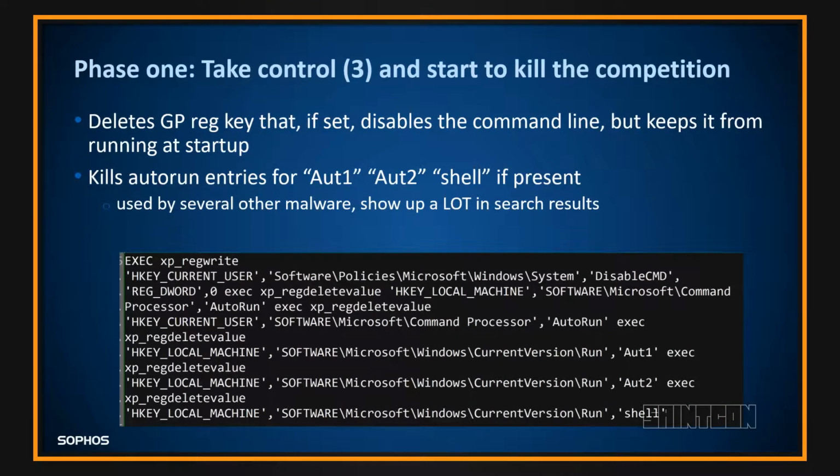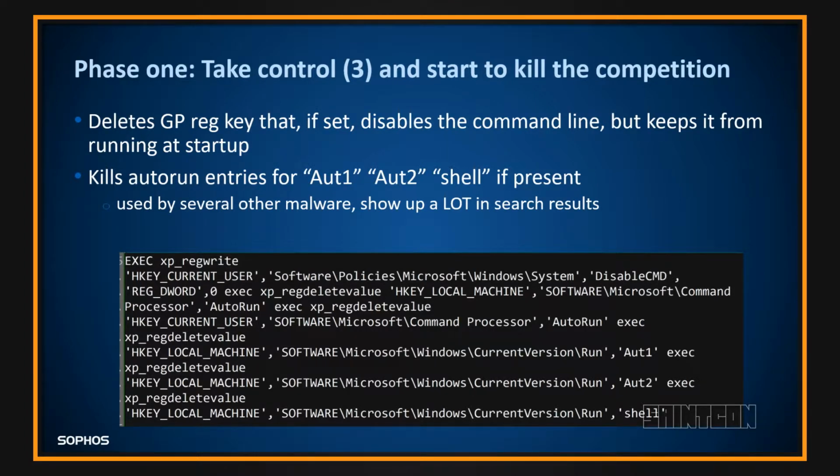All right. Once it's done all that, and again, we're only maybe half a second into the attack, it's deleting these group policy registry keys that, if set, will disable the command line, keeping it from running at startup. So you can avoid having your command line invoke a new group policy when the machine reboots and restore everything they're trying to turn off.